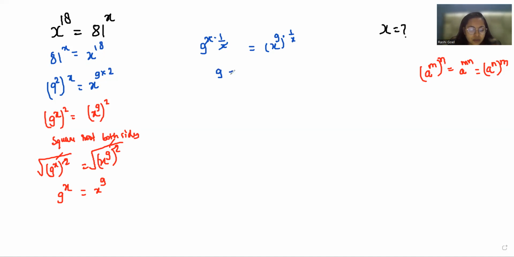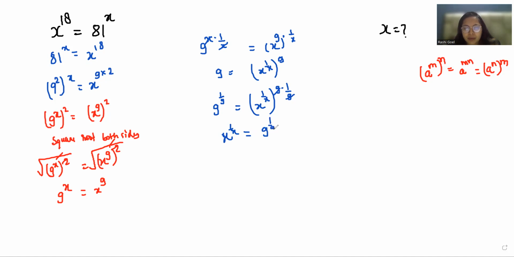So 9 is equal to, again if I am using this rule, I can write (x power 1 by x) whole power 9. Now I am going to multiply with power 1 by 9 on both sides. We can eliminate this. So x power 1 by x is equal to 9 power 1 by 9.